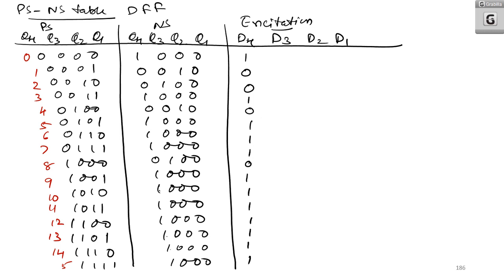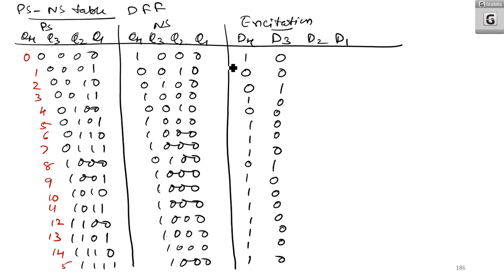Okay, that is D4. Now D3 is also exactly the same. So it is 0, 0, 0, 0, 1. Then comes 1. Then all others are 0. Now comes to D2.